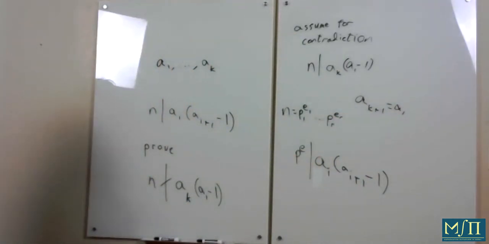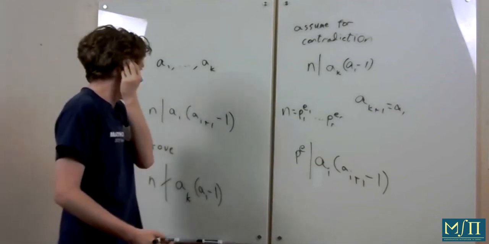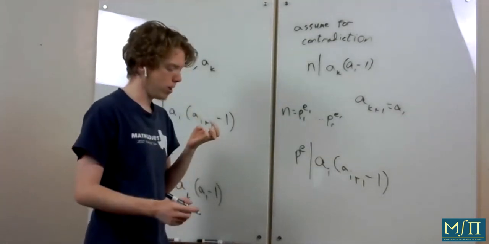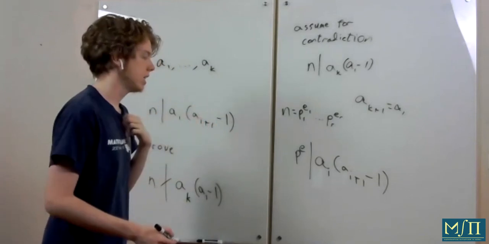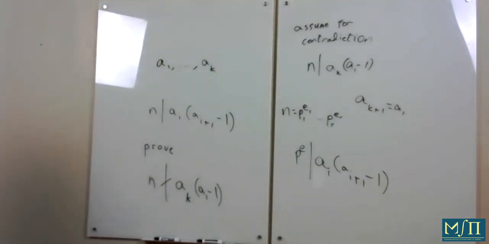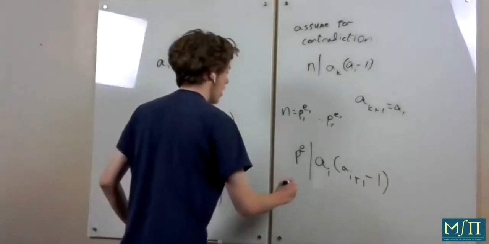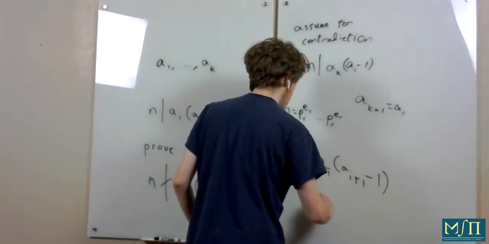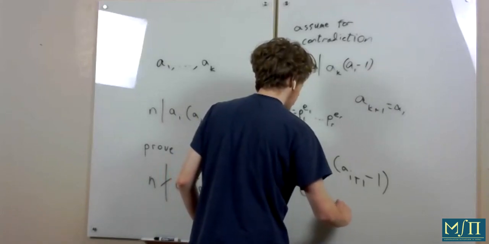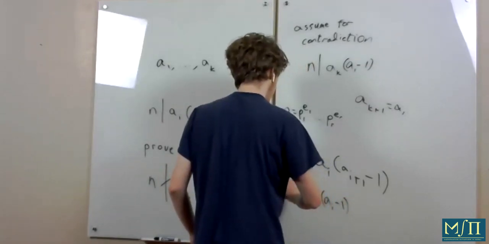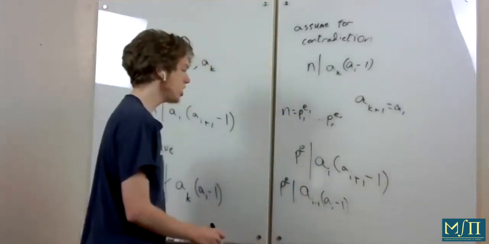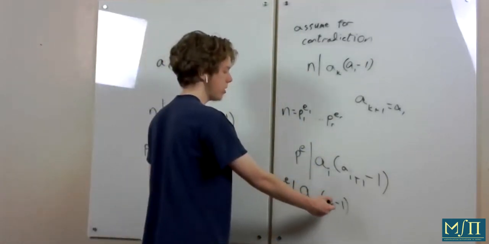This happens for all i from 1 to k. Let's look at it this way. For any i, if a sub i is divisible by p, then we would have p to the e dividing a sub i minus 1 times a sub i minus 1. But the GCD of p to the e and a sub i minus 1 will be 1.